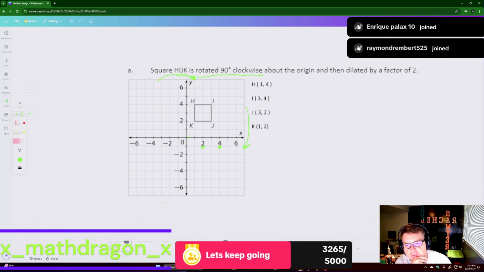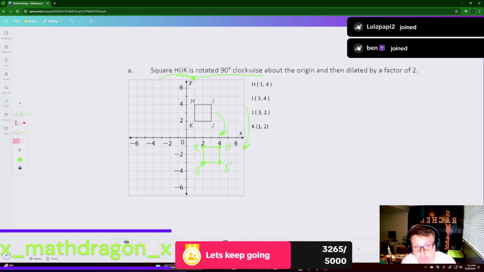So now we're going to go 1, 2, 3, 1, 2, J prime, and then 1, 2, 3, 4. So down 3, 1, 2, 3, 4, and that's I prime. So that's K and that's H, and this is our figure getting spun that way.